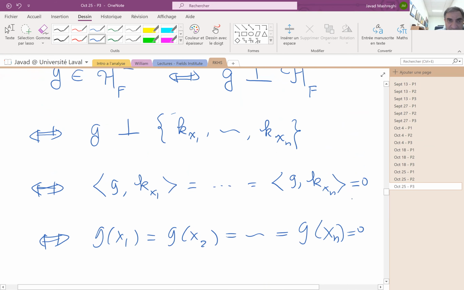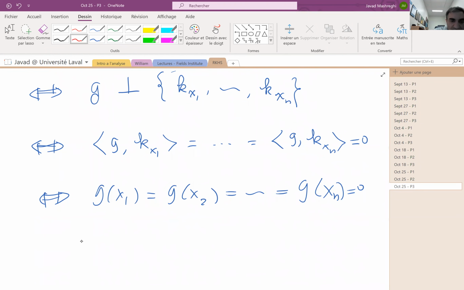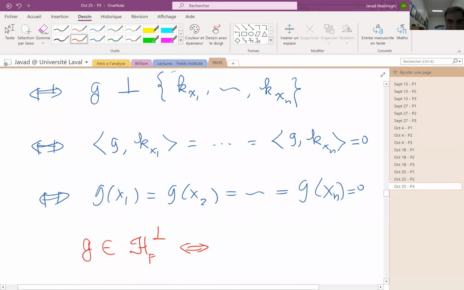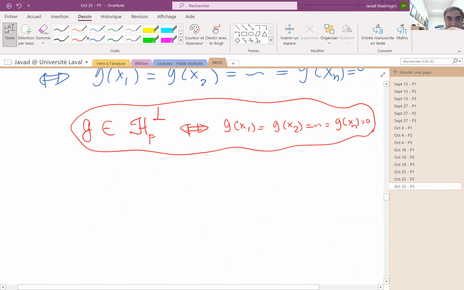I write this again because, even though simple, it's very important. G is in HF perp if and only if Gx1 up to Gxn equal to 0. Let's see immediately one consequence of this.